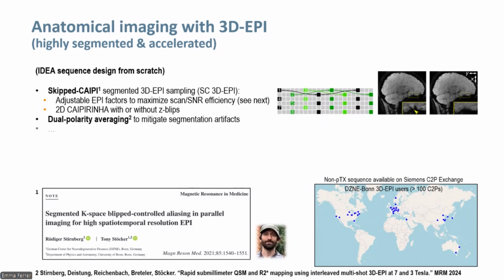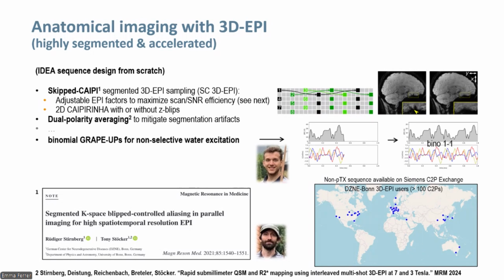It's available if you want to have it. The pTx version, that is really important to have the pulses that Daniel again implemented, especially having a water selective universal pulse. And this is extremely vital for the quantitative imaging that we do with this, but also for the structural imaging, it is really handy.